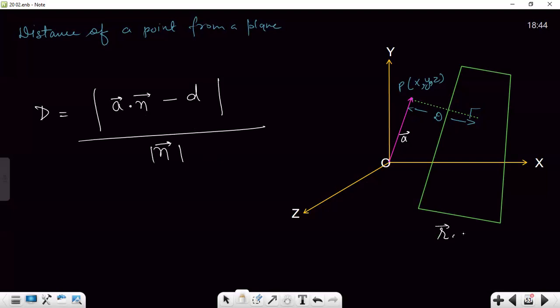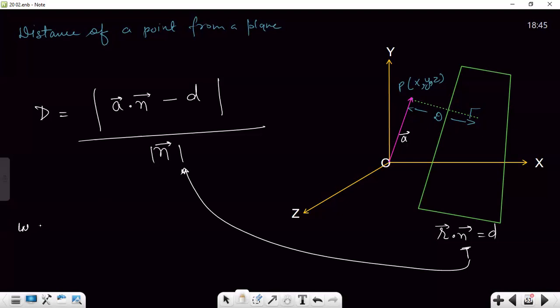The equation of the plane is given like this, so this n vector is the normal vector. If we have to find the perpendicular distance between the plane and the origin, then simply, the position vector of the point, being the origin, will be the zero vector. If the zero vector gets multiplied with the normal vector, it becomes zero only.